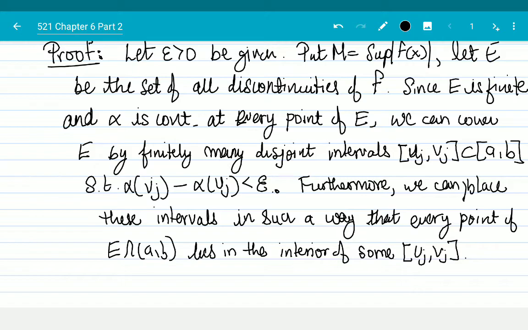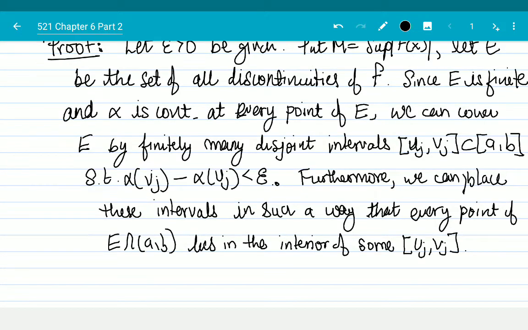Okay. Why is this possible? Why can we find such a Uj and Vj? Well, alpha is continuous at every point of E, right? Even if alpha is discontinuous on the entire AB, even if it has jumps, it is monotonic, increasing, and continuous. So at every point of E intersection alpha, I can find a small neighborhood.